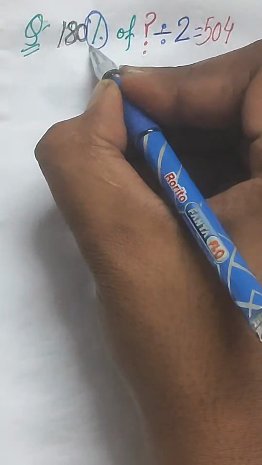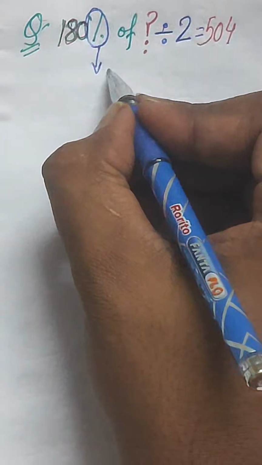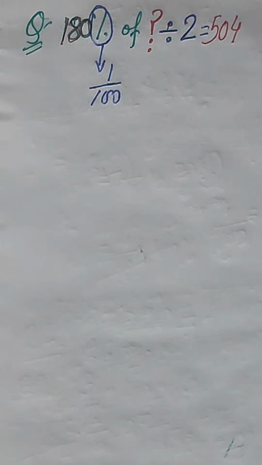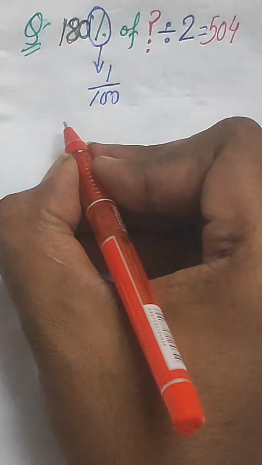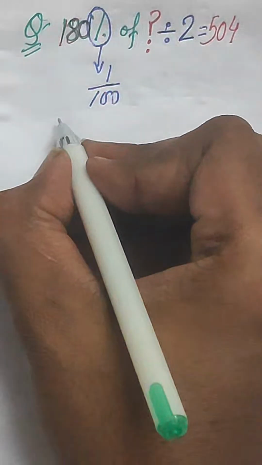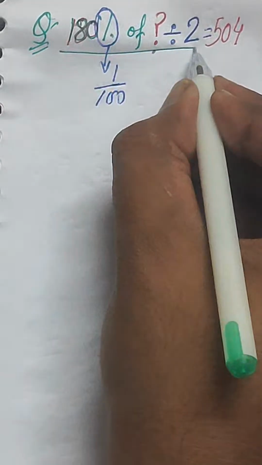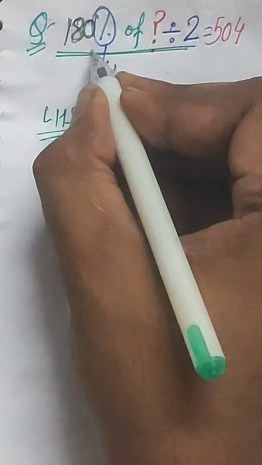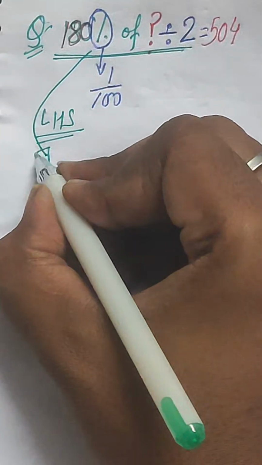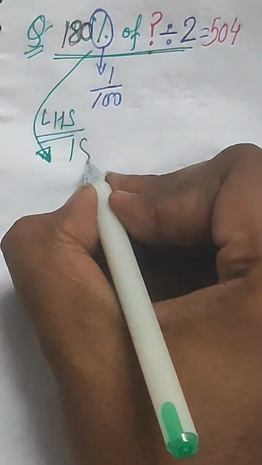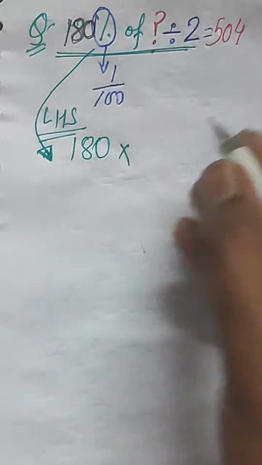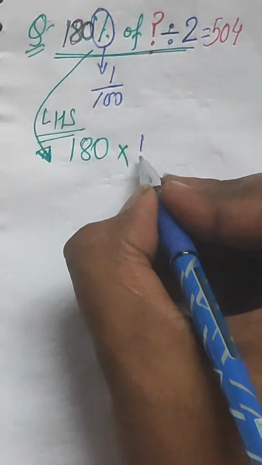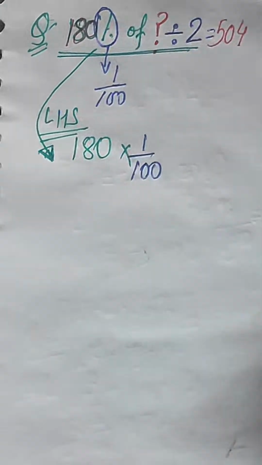Whenever you see the percentage sign, just replace it with 1 by 100. So the LHS will be 180 into 1 by 100.